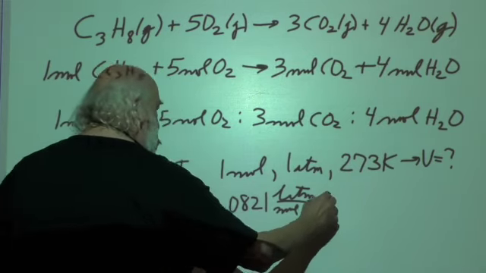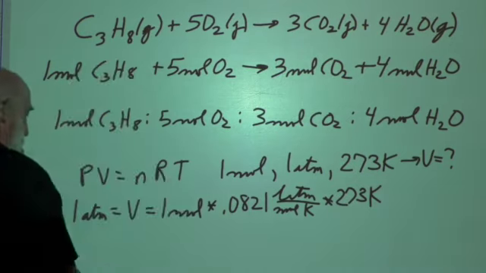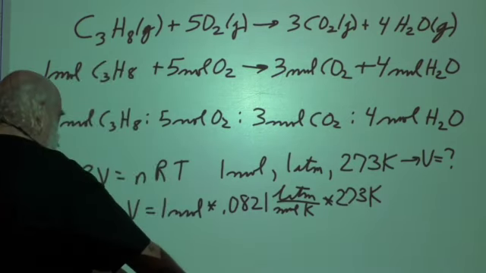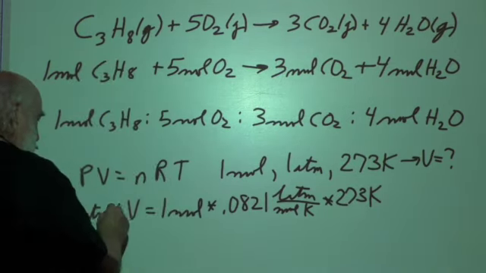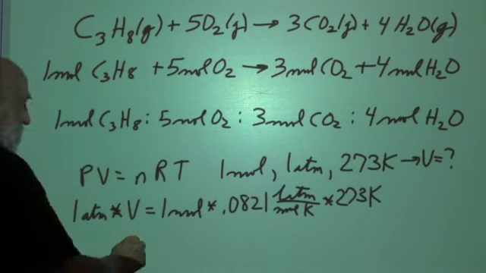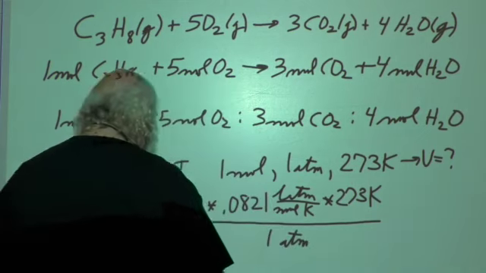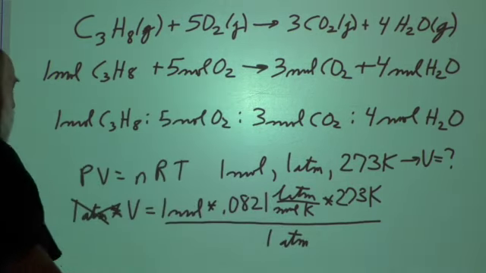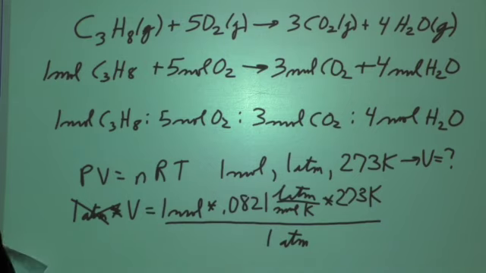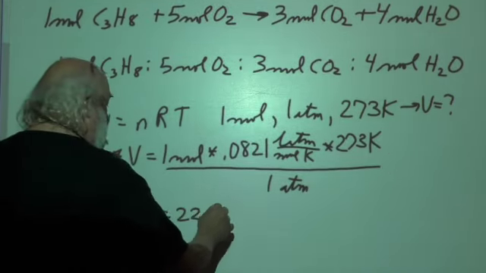And temperature is 273 Kelvin. I'm sorry, that should not be an equal sign, that should be a times sign right there. And I'm going to get rid of the 1 atmosphere, so I'm going to divide by 1 atmosphere. Okay? And then when I divide all that out, my volume turns out to be 22.4 liters.